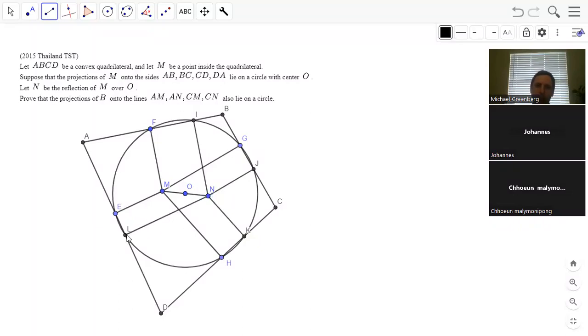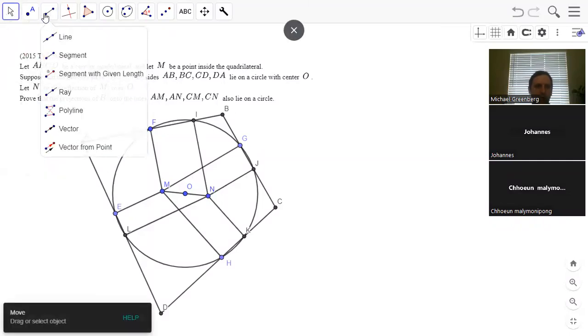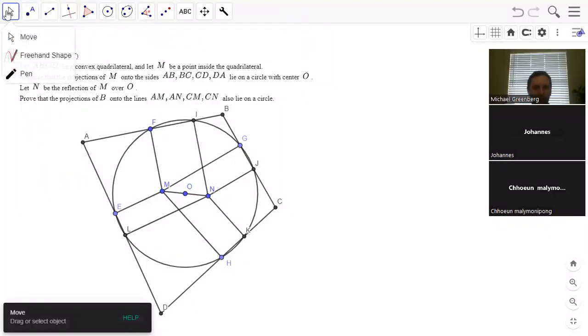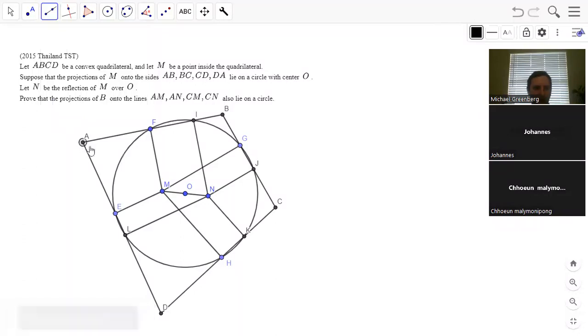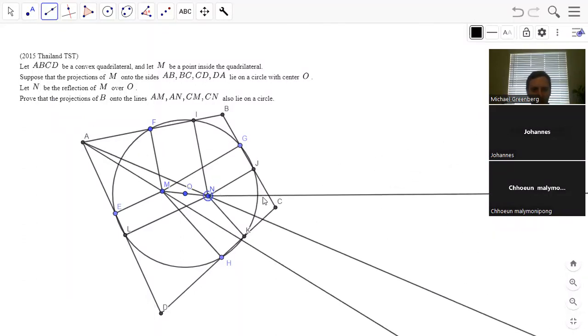Okay, so M and N are isogonal conjugates in this quadrilateral. And so we have AM, AN, CM, and CN. That's interesting. So let's draw those. AM and AN and CM and CN.